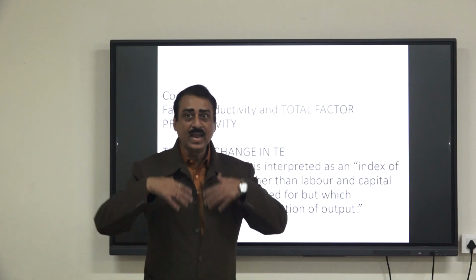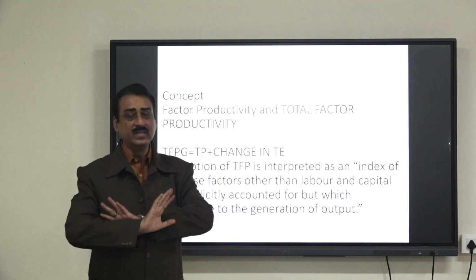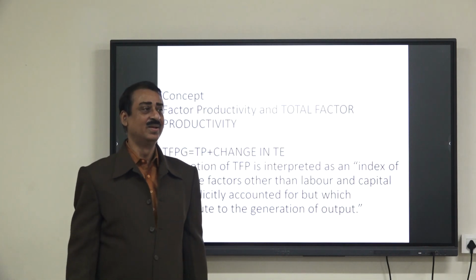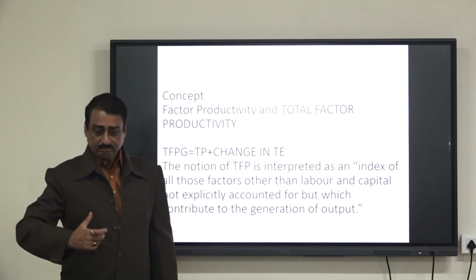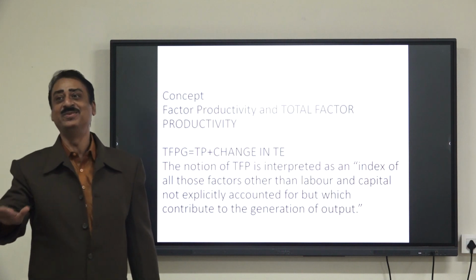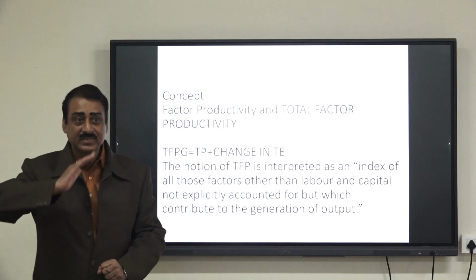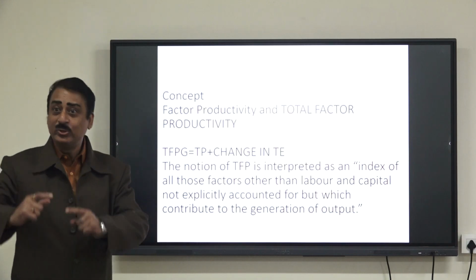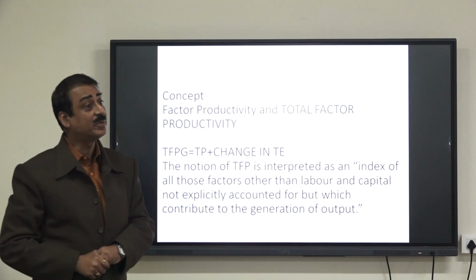So if you utilize more and more resources and you experience very high levels of growth, there is no credit at all. Credit lies in the fact that you are able to generate more and more growth with lesser and lesser utilization of resources. Or to put it differently, with the same level of resources, you should be getting more and more output. How is that possible?